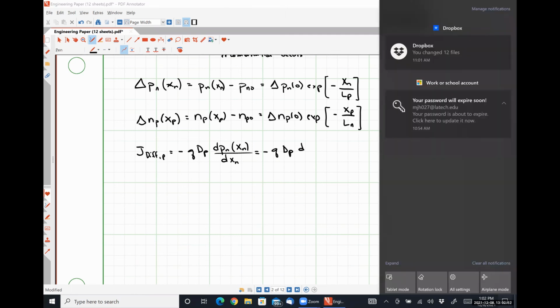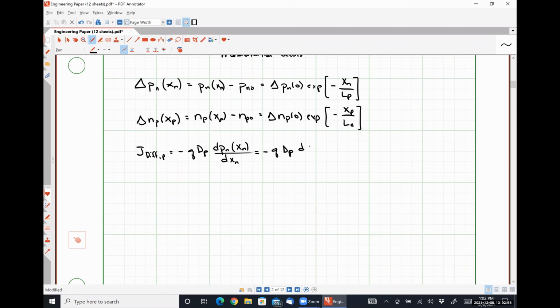So we're effectively just throwing out the constant portion. And so this is going to give us q Dp over Lp times delta pn at 0 times the exponential of negative xn over Ln.